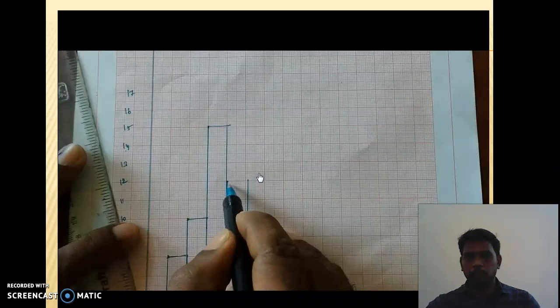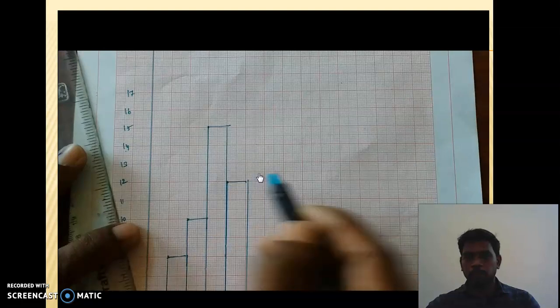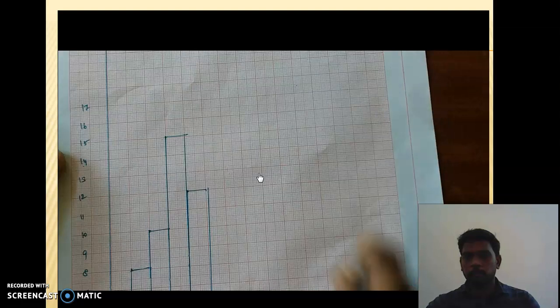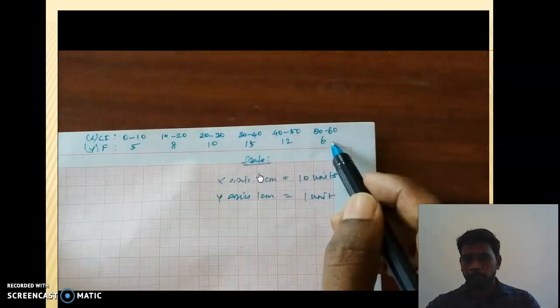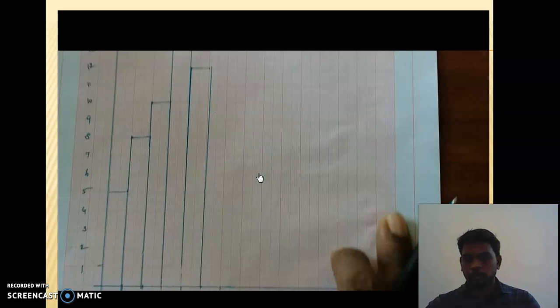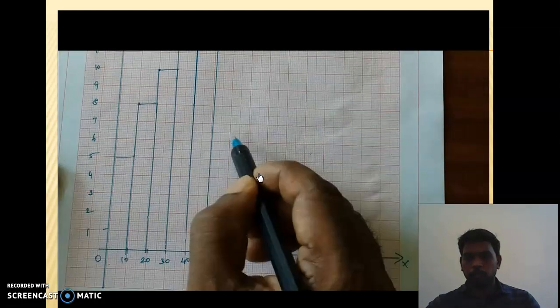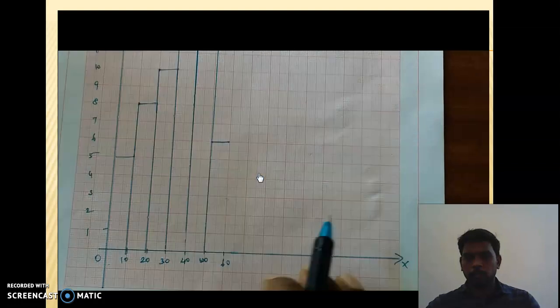Here 12 is already there, so it is connected. So this one is 40 to 50 up to 12, and next, 50 to 60, the frequency is 6. So 6 is here, you can draw from here onwards like this, and then connect it.